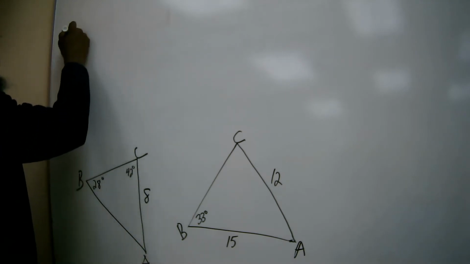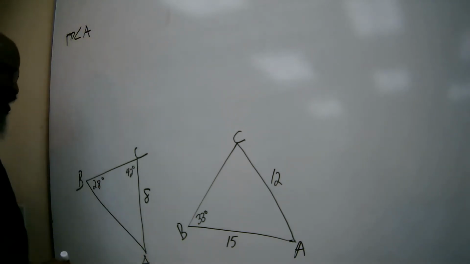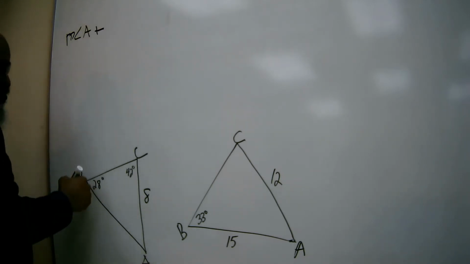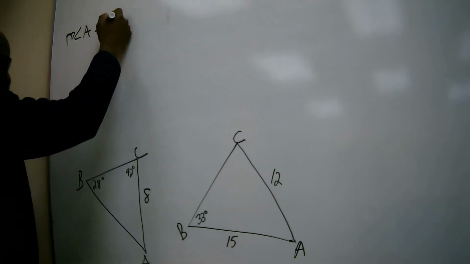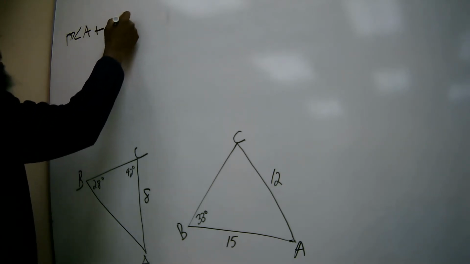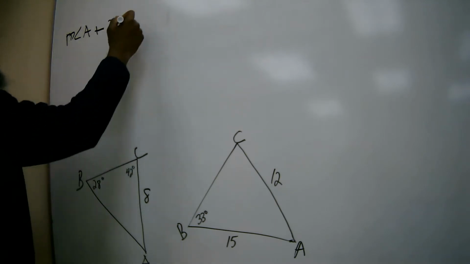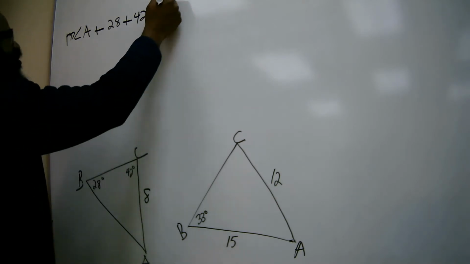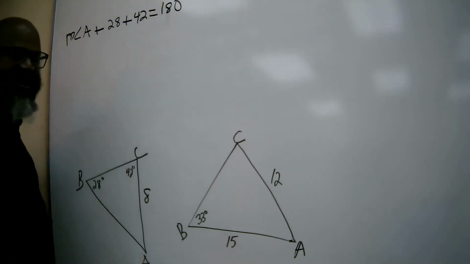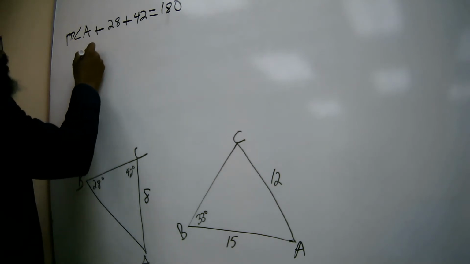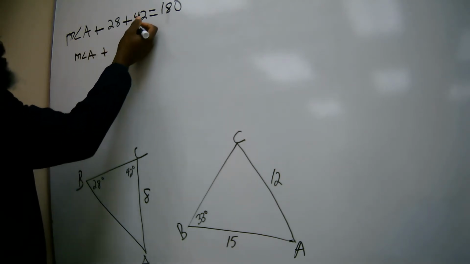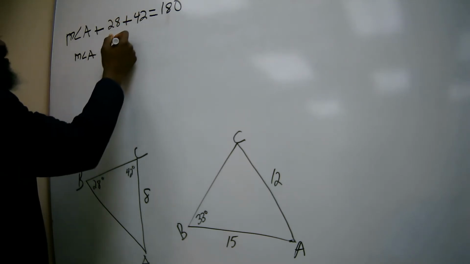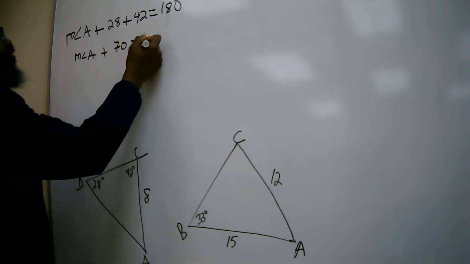In order to find the measure of angle A, remember, since it's a triangle, the sum of the angles must equal 180. Angle B is 28 degrees plus angle C, which is 42 degrees. So measure of angle A plus 42 plus 28, which is 70 degrees, is equal to 180.